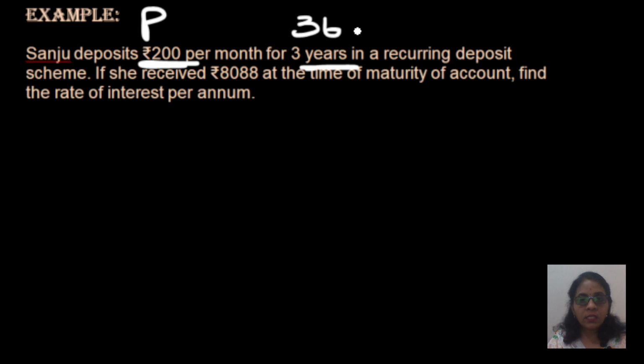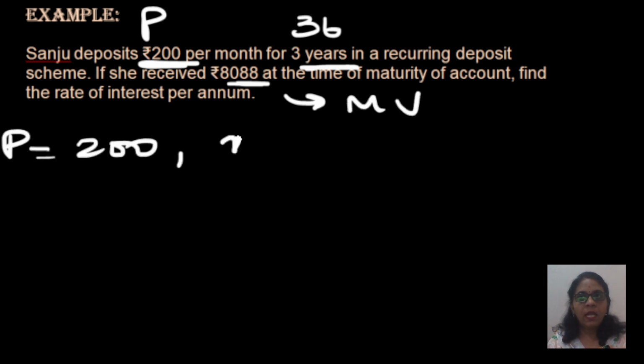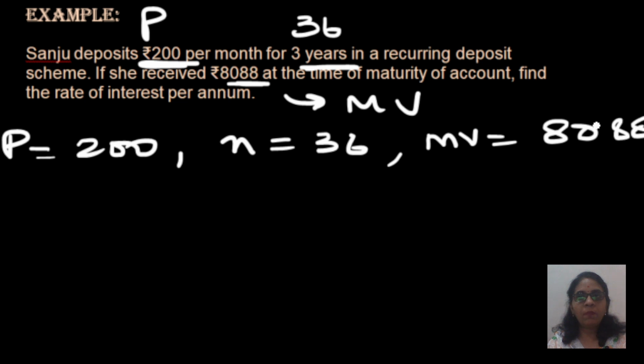So 3 years is 36 months and 8088 is the maturity value. So principal is 200, N is equal to 36, MV is equal to 8088 and you need to find the rate.